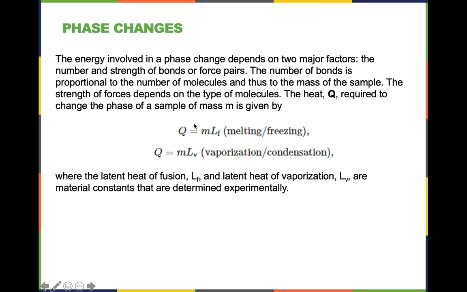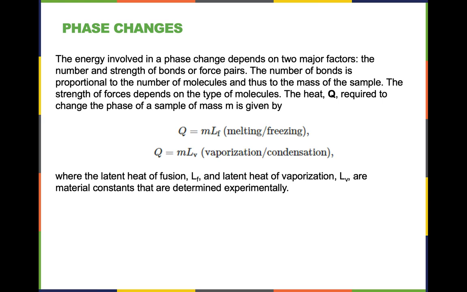So in phase changes, there's a little bit of a difference in the formulas. The energy involved in a phase change depends on two major factors: the number and strength of bonds or force pairs. The number of bonds is proportional to the number of molecules and thus the mass of the sample. The strength of forces depends on the type of molecules.